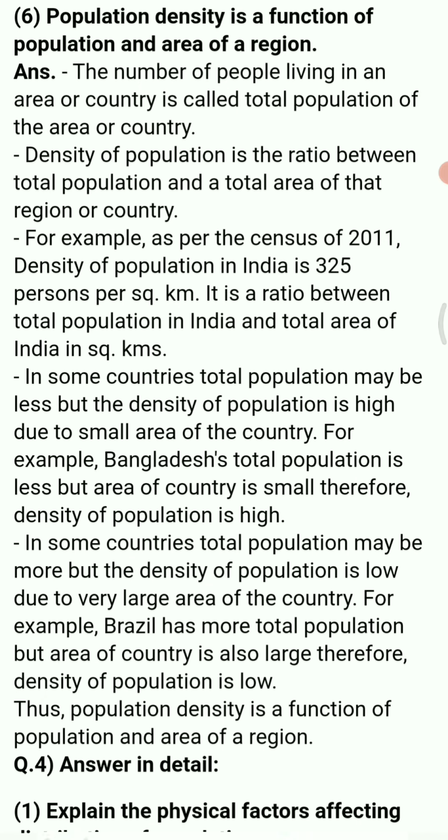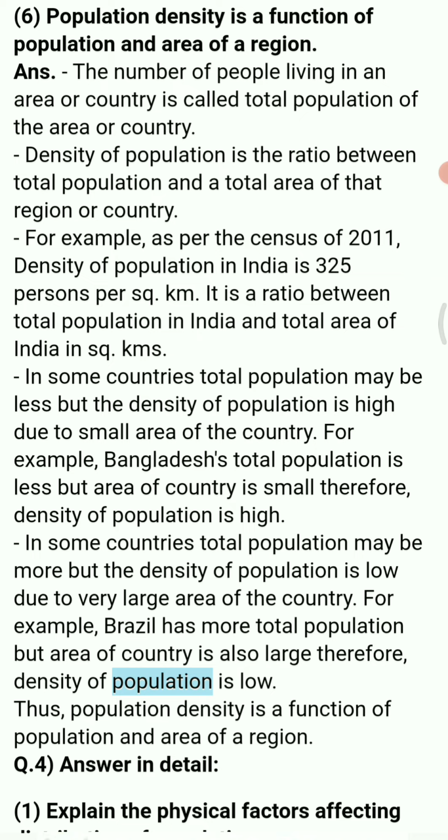Next question. Population density is a function of population and area of a region. Okay, the number of people living in a particular area is calculated as the density of that area in a country. So population density is nothing but the ratio of total population to the total area.